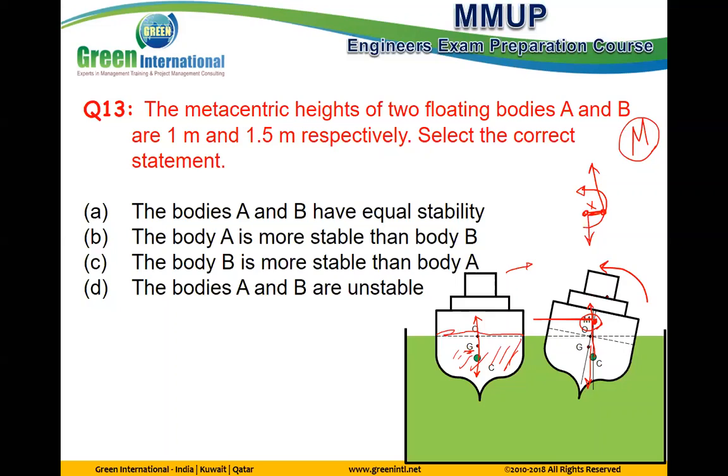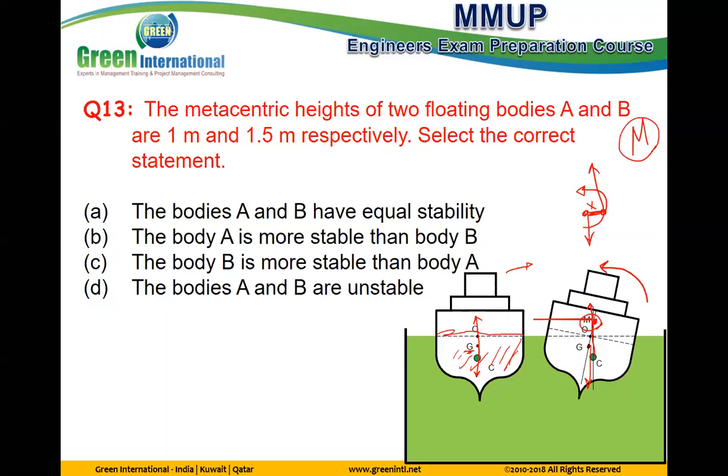It means the body is going to balance, to be stable. But if M is below, in another shape, C on the other side, we will find the moment in the same direction as the rotation of the ship. It means this ship is not stable and will sink.